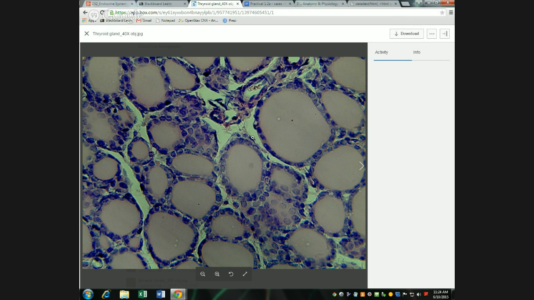They are wrong. If you see a simple cuboidal epithelium, it's the wall of a tube, like a duct. If you cut a duct, a tube, in cross-section, it'll look kind of like that. But that's not what we're looking at here. What we're looking at here is a follicle, which is a spherical shape, and it has a layer of cells coating the outside of it.